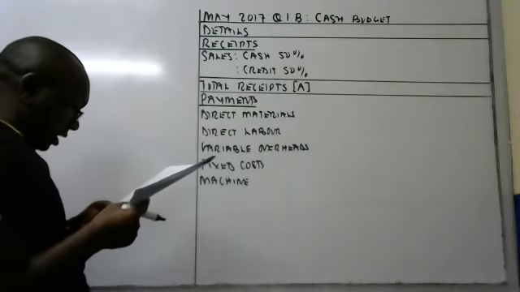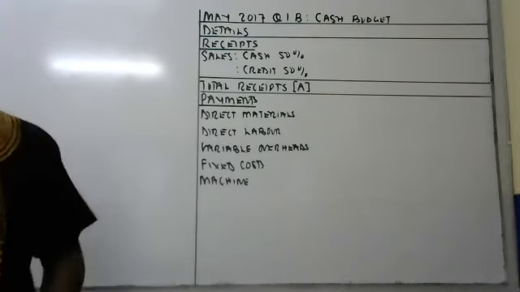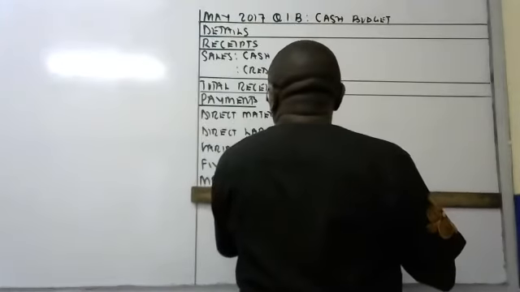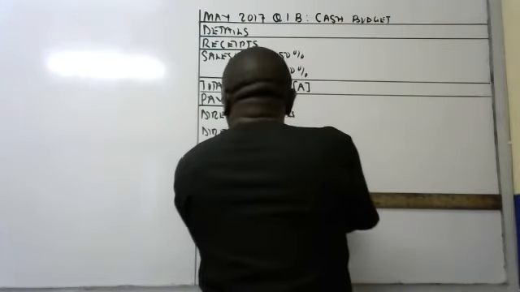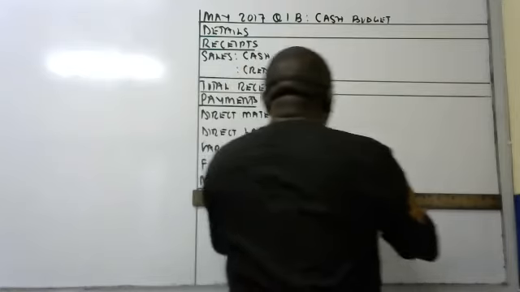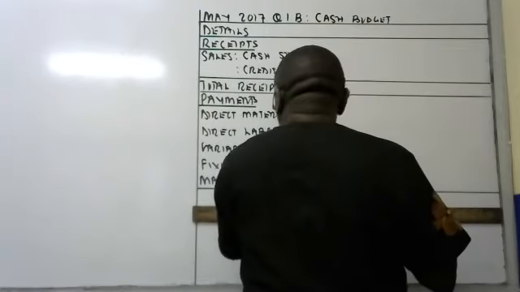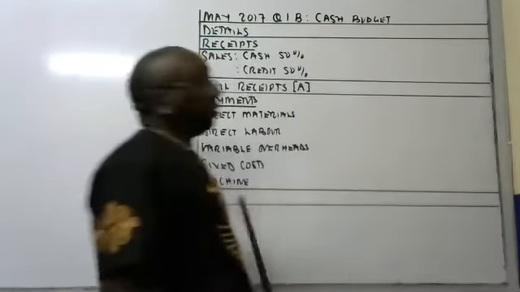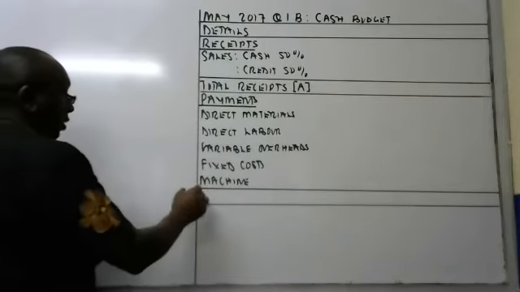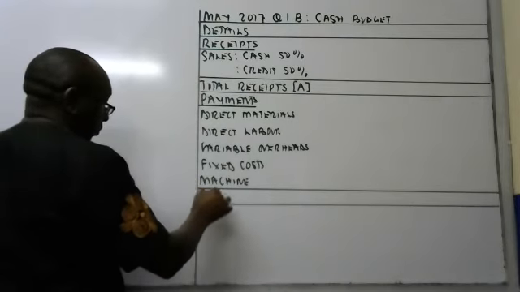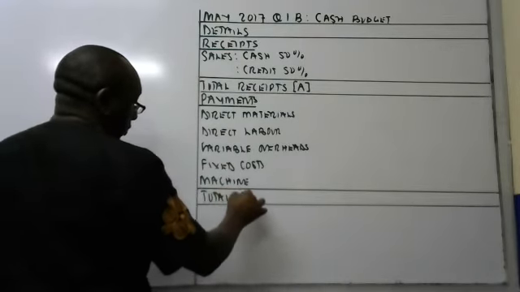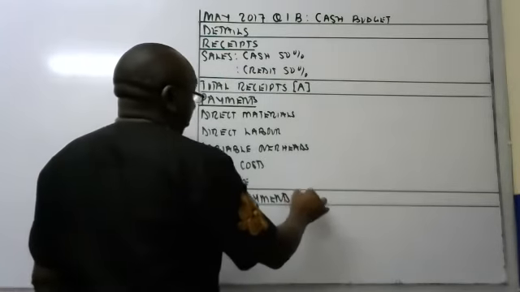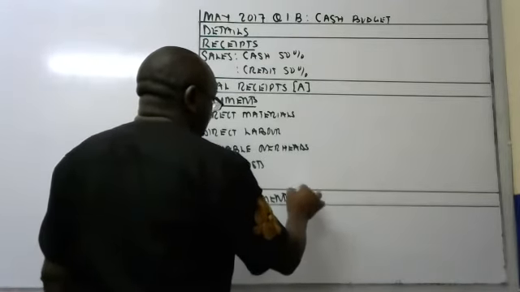That is all. So we get total payments, which is designated as B.